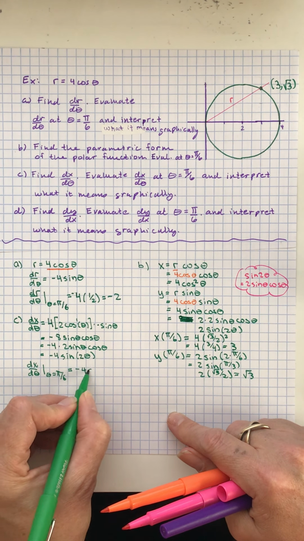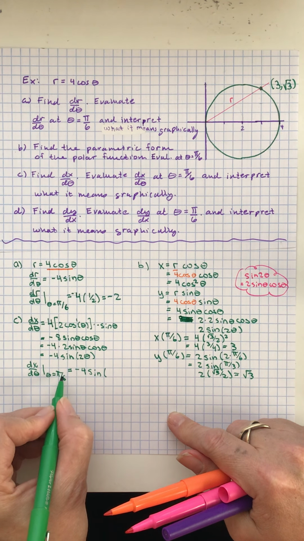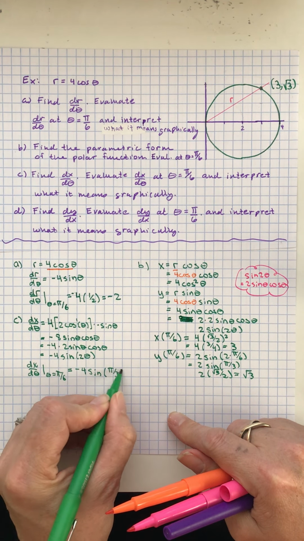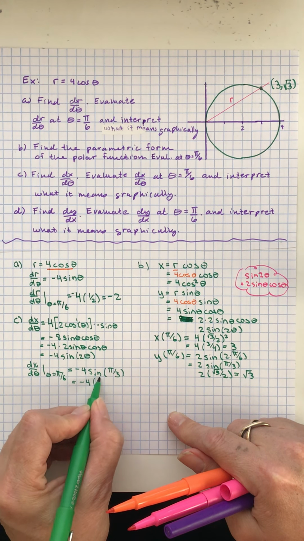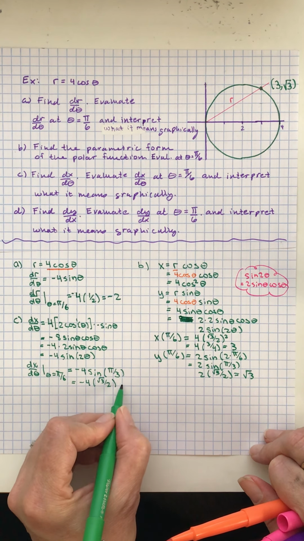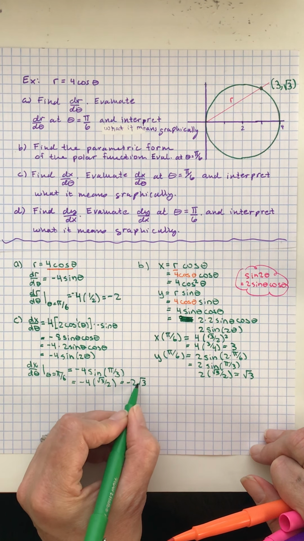is negative 4 sine of 2 times pi over 6, which would be pi over 3. So it'll be negative 4 times root 3 over 2, which will be negative 2 root 3.